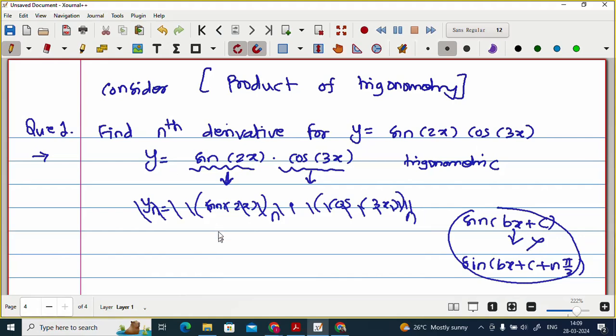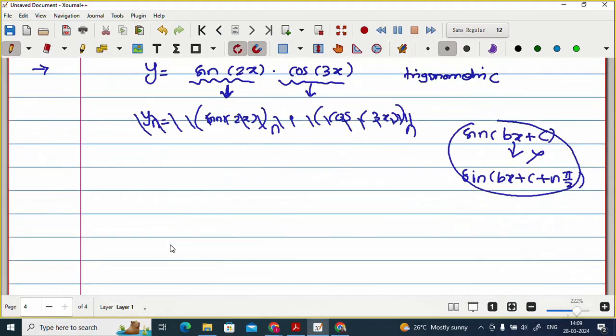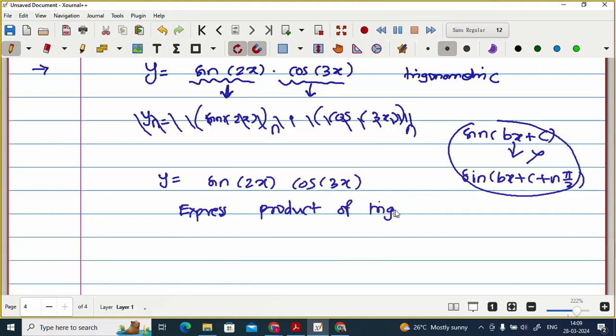First of all, you have to simplify this in such a way that the product sin 2x into cos 3x will be removed. Express the product of trigonometry as a sum or difference, addition or subtraction.